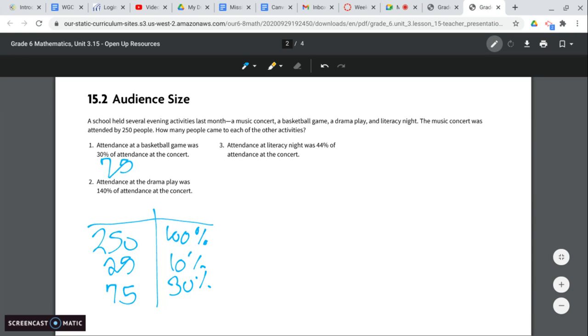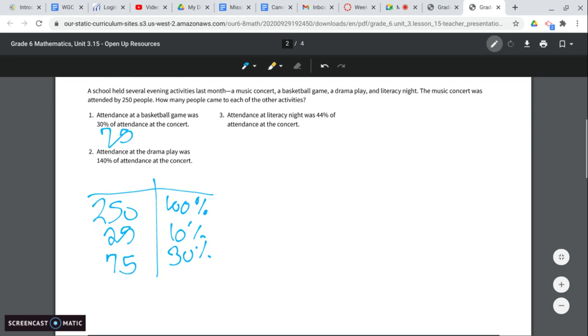Now, number two, attendance at the drama play was 140% of attendance at the concert. So that means there were more people at the drama play than at the concert. So once again, we can still use this to go from 10% to 140%. We need to multiply by 14.